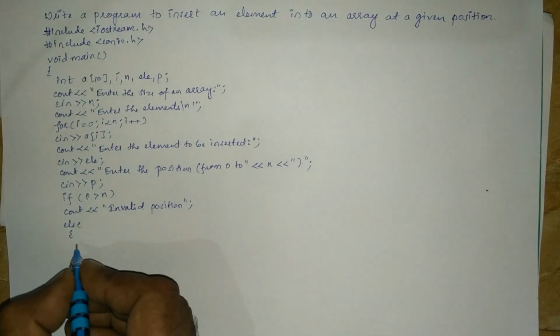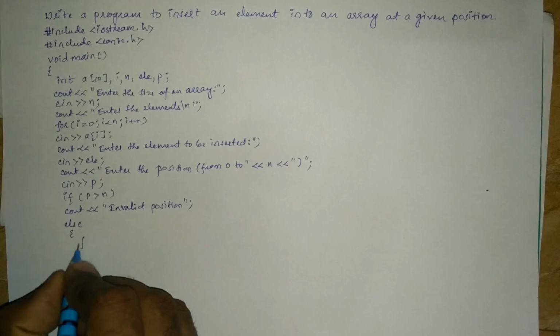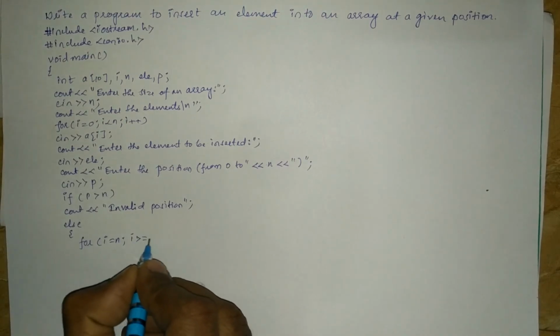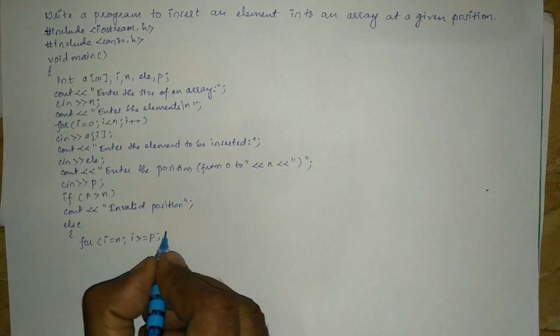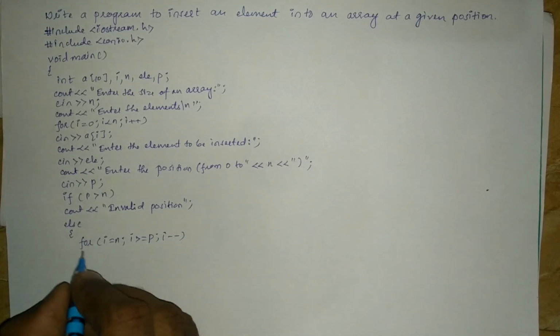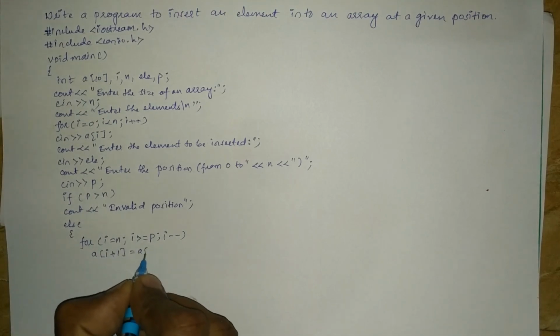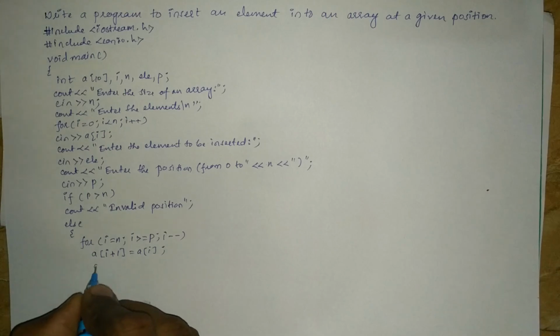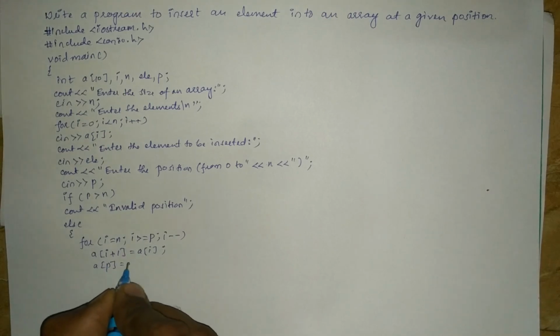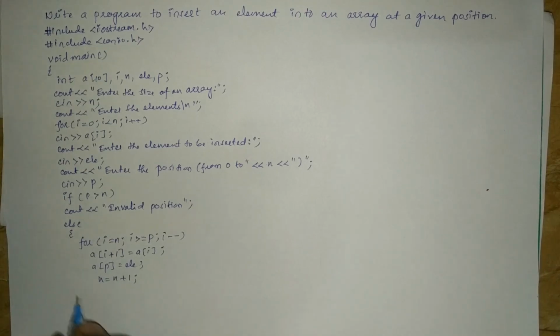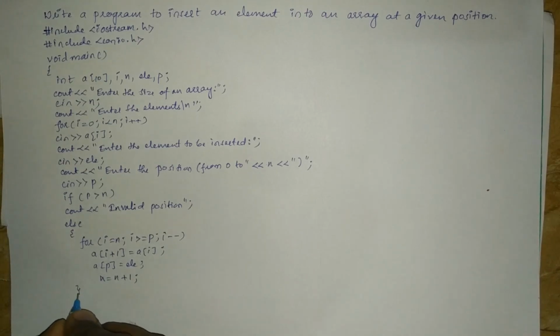So curly open brace, here I'm going to write for i is equal to n, i is greater than or equal to position p, and i minus minus. Here I'll write a[i+1] is equal to a[i], a[position] is equal to element. Now n is equal to n plus 1 and semicolon, curly closing brace.